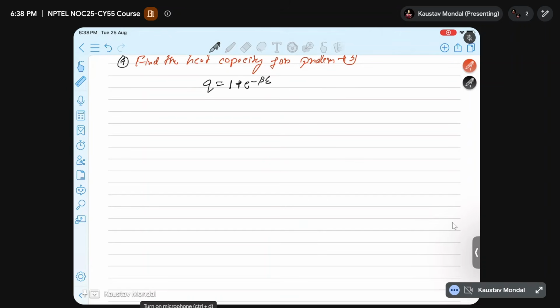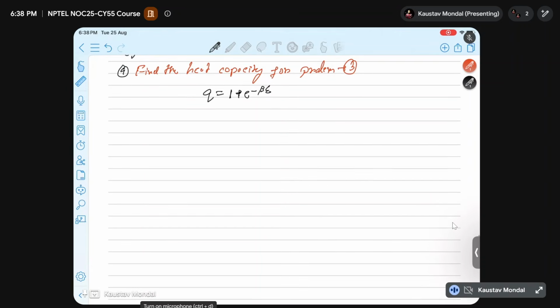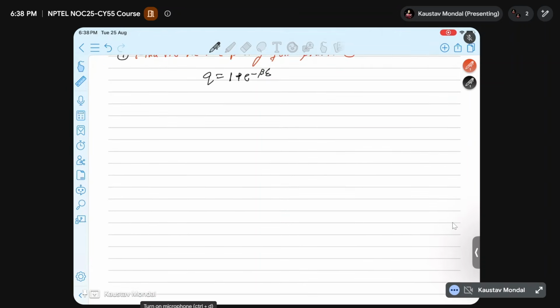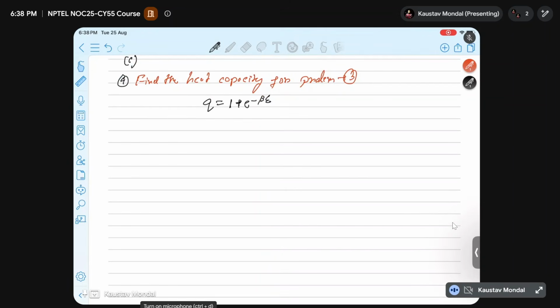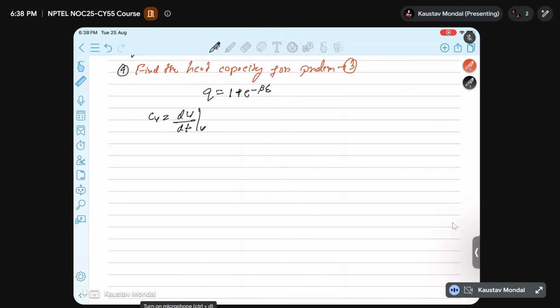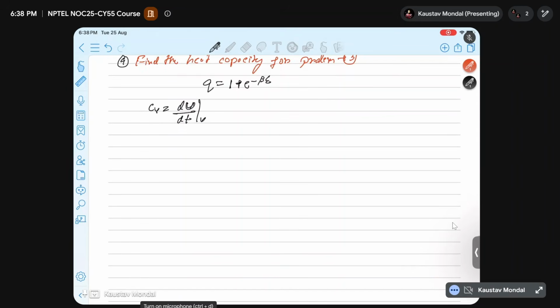So the CV, the specific heat, has this particular form. We know the formula of specific heat. CV is basically dU by dT at constant volume, where U is the internal energy.